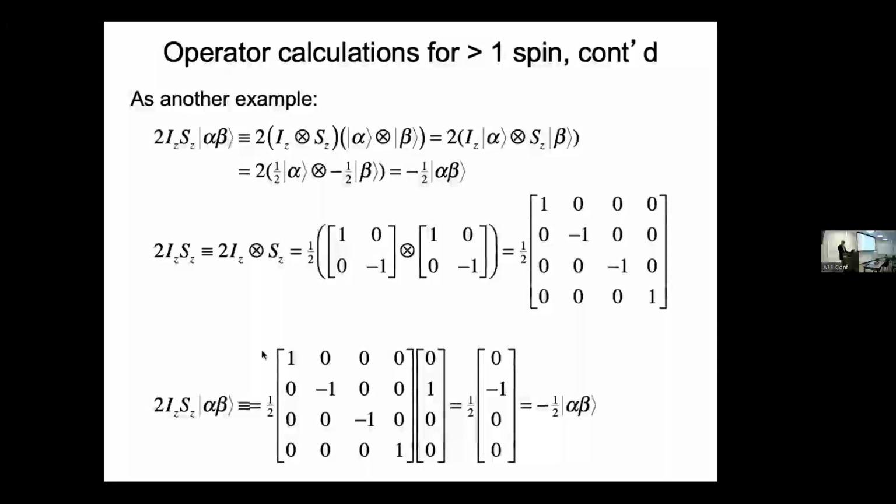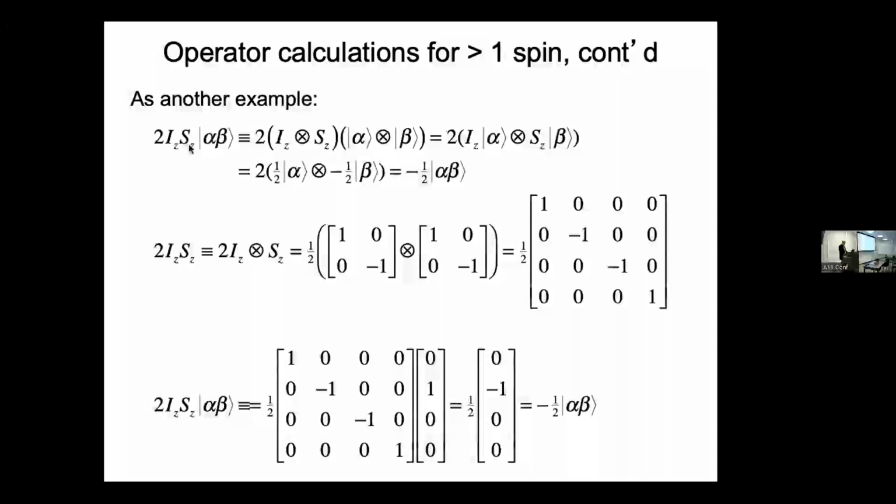So here's another example. 2IZSZ has some matrix representation, but I know I should apply the IZ operator to the alpha state, and that's going to give 1/2 alpha.